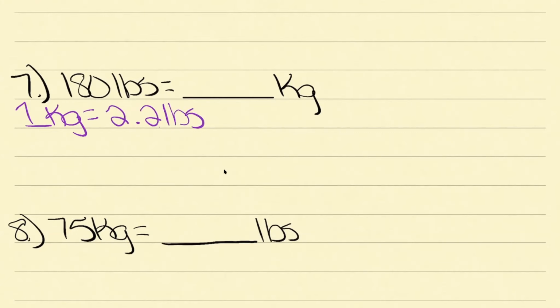Please do not mix this up and say 1 pound is equal to 2.2 kilograms. I see that a lot. You definitely have to make sure you have this conversion right. 1 kilogram is 2.2 pounds. Okay, so that's my conversion pair.